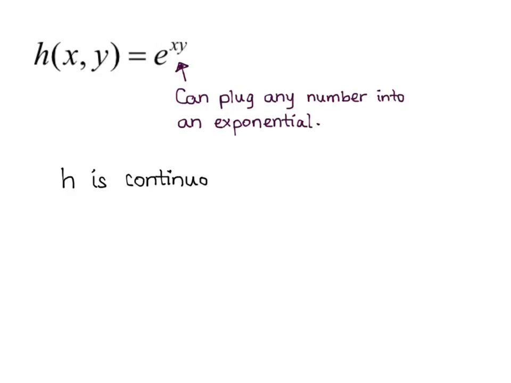So h is continuous on R2, the entire R2. And when we say R2, we're talking about all ordered pairs x, y. So remember from the first slide that polynomial, rational, trig, exponential, and logarithmic functions are continuous on their entire domains, and then it's up to you to figure out what is the actual domain of that function.